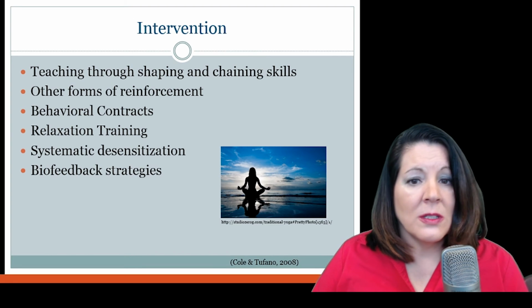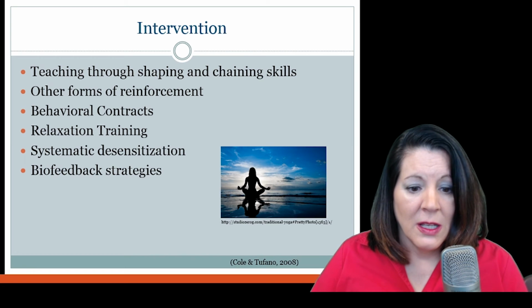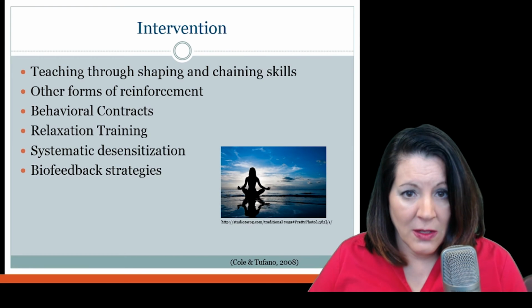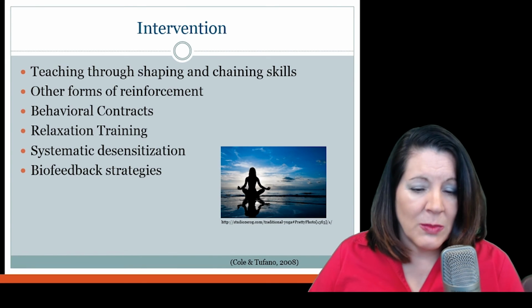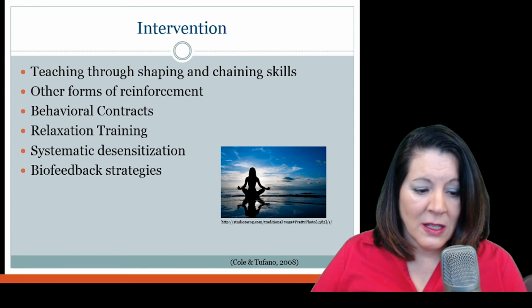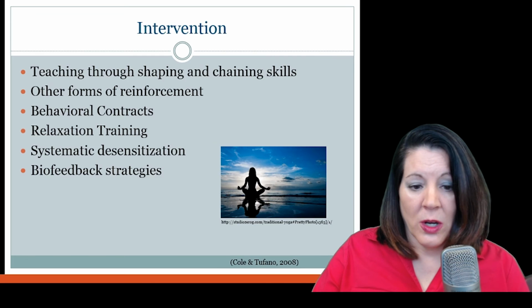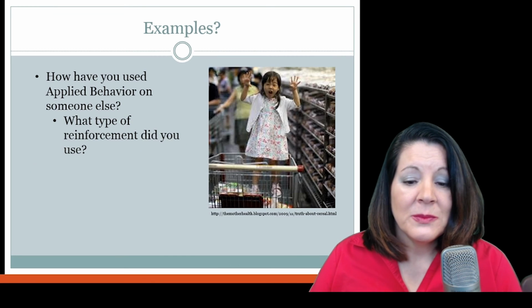All are ways of using some internal reinforcement to change behaviors, but also kind of leaning into changing thoughts, which lead to behaviors, which takes us into the cognitive behavioral realm, which is where we're going to head next.